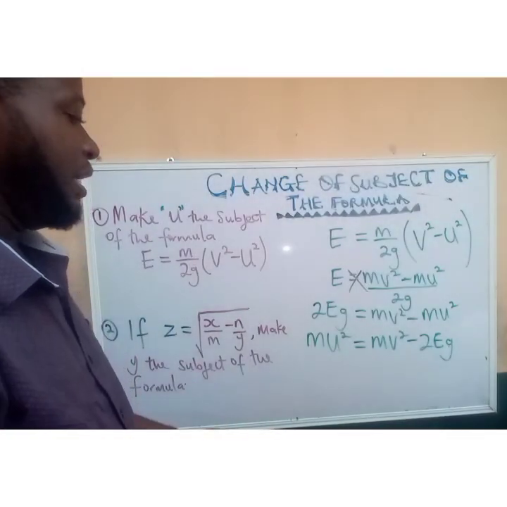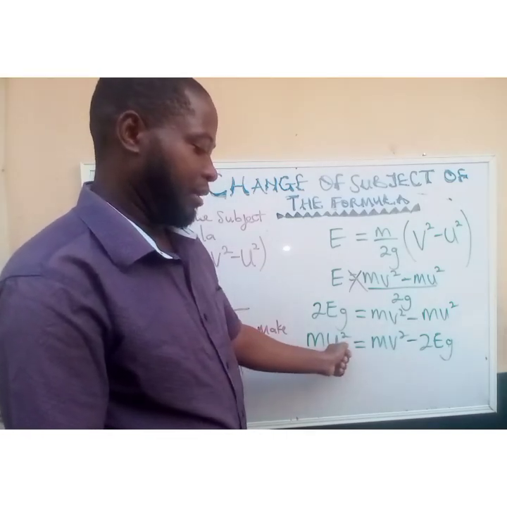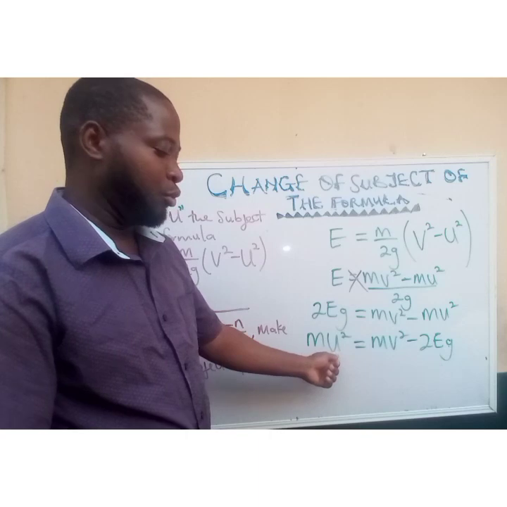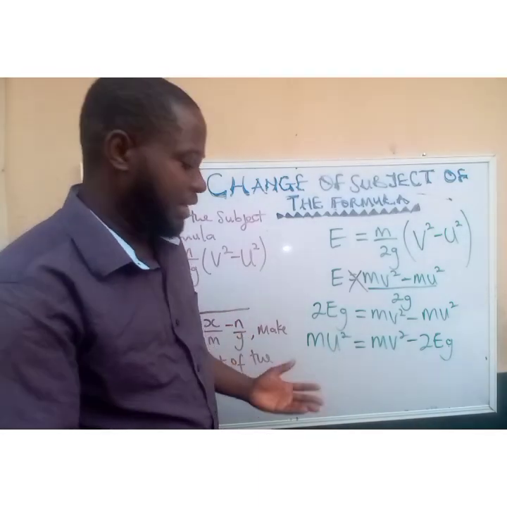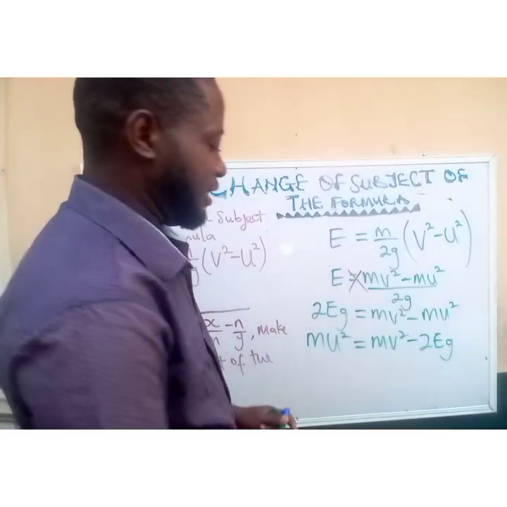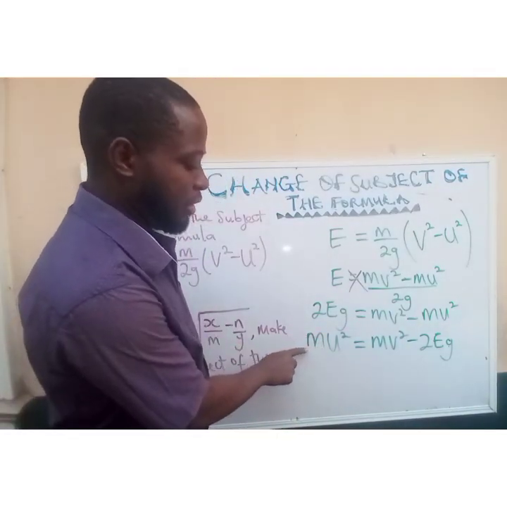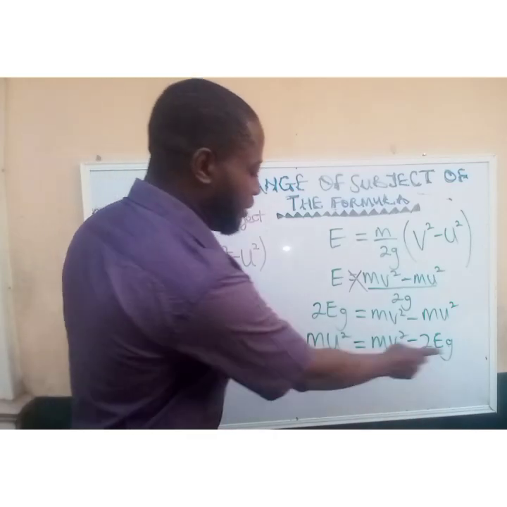Then what is the next thing? The next thing is to use the coefficient of U square, because the required subject is U. What we want to make subject of the formula is U. So we'll have to delete this. And how do we delete it? By using the coefficient of U square, which is M, to divide both sides.